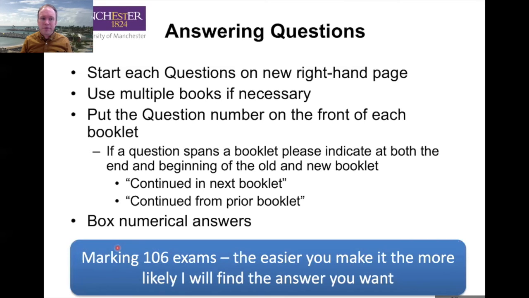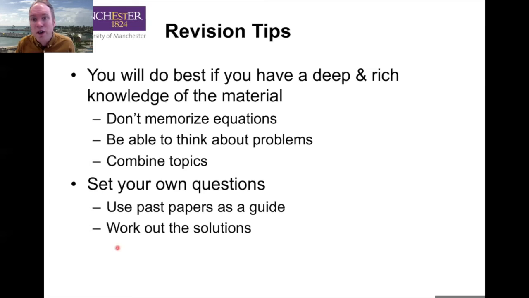Okay? So some revision tips. How do you create that one side of A4? You're going to do your best if you have a deep and rich knowledge of the material. So don't memorize your questions. Be able to think about problems and combine topics. So I might ask you about flight mechanics with some propulsion and what it means there.